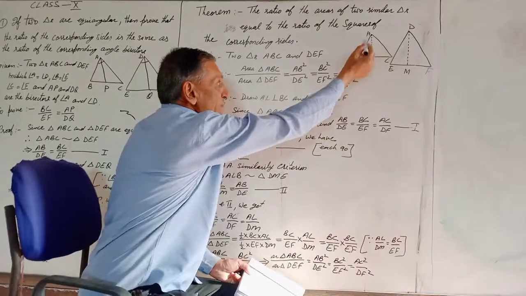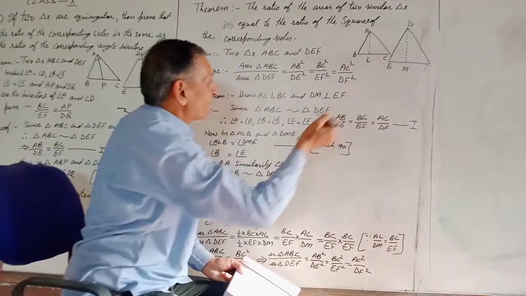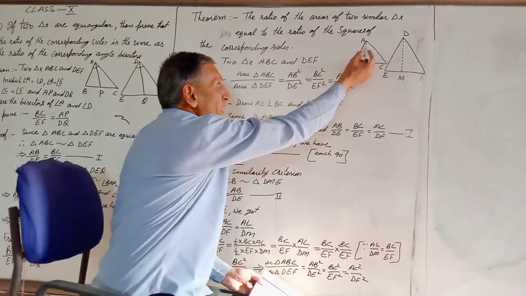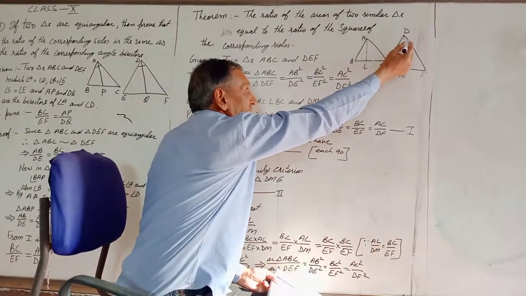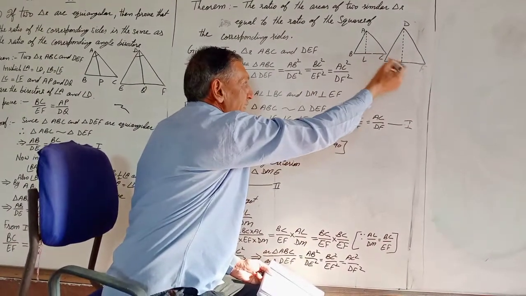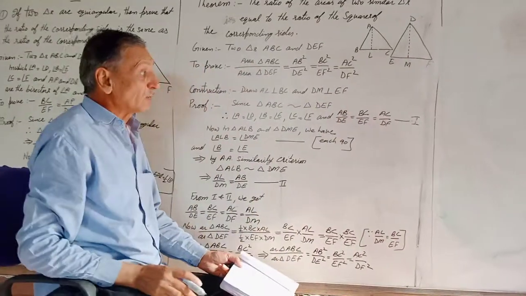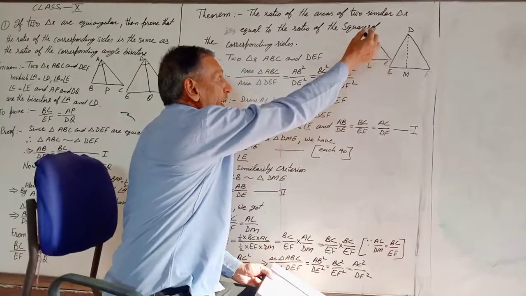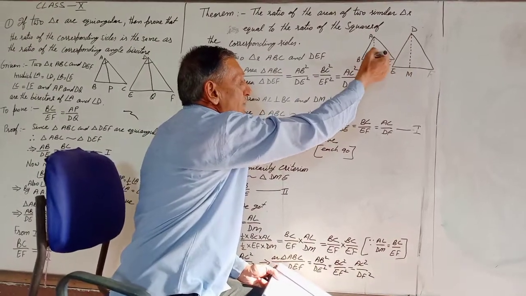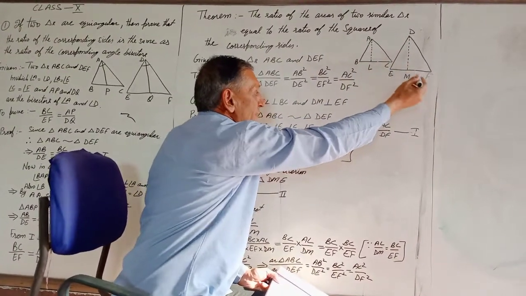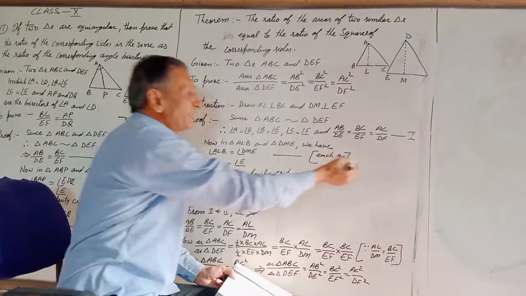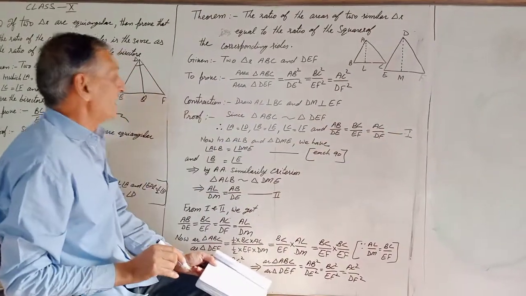Since triangle ABC and triangle DEF are similar, therefore the corresponding angles are equal, and their corresponding sides, that is AB upon DE is equal to BC upon EF is equal to AC upon DF. Let's take it as equation number 1.